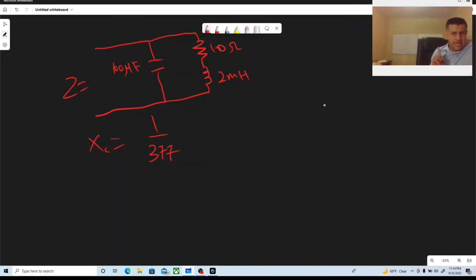Now, that is multiplied by the capacitor value, which in this case is 100 times 10 to the minus 6, and we take 1 divided by that number.